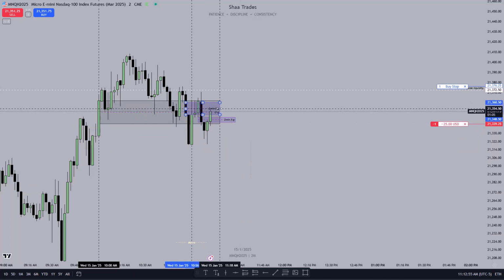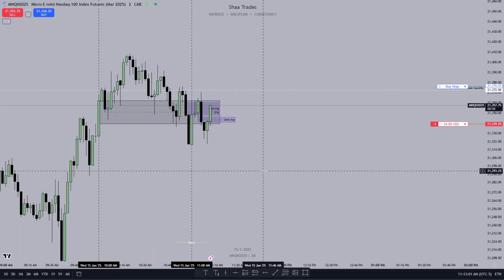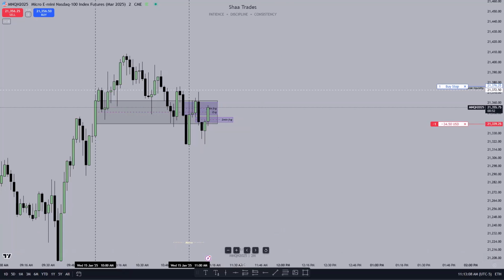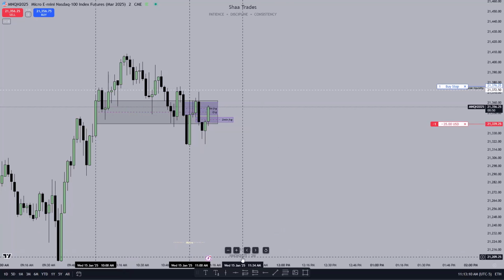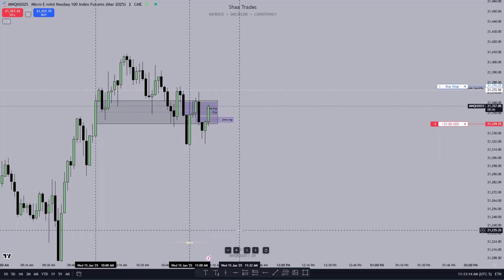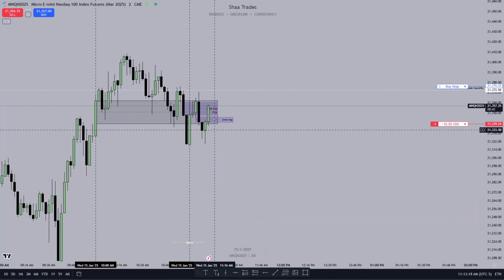Price is coming back up there, and we are out of the 10-10 macro. Yeah, price is playing around here. Maybe it just wants to take its time and go lower. Maybe it's not finished doing what it's doing up here.